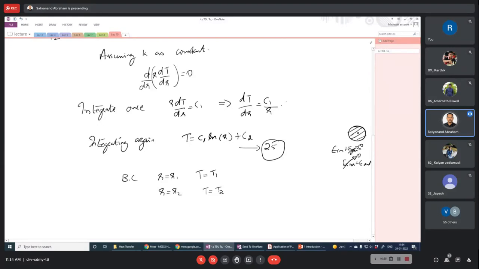If r is equal to 0, there is no provision for heat addition at the inner surface. So E in is equal to 0, so there will not be any E out also. So the temperature whole thing needs to be constant. The other option is that on one side we have some heat addition, and from the other side heat rejection.